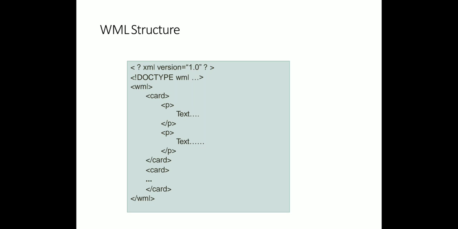A WML program is typically divided into two parts. The first part is the document prologue and the second part is the body. We'll consider the following code. We start with the XML version, then the doctype.